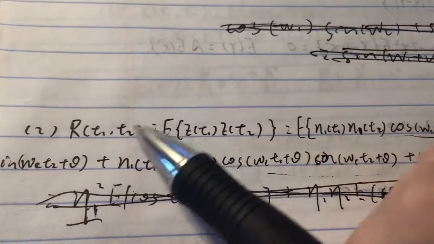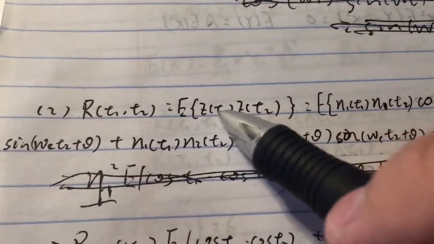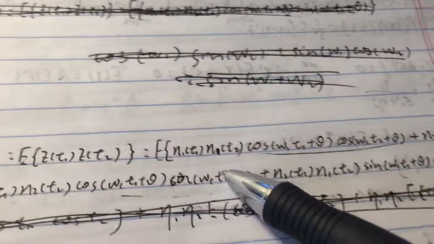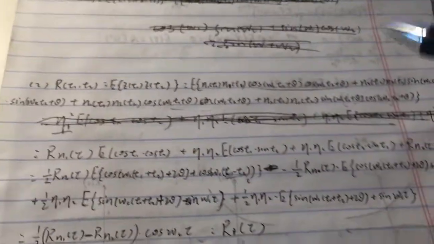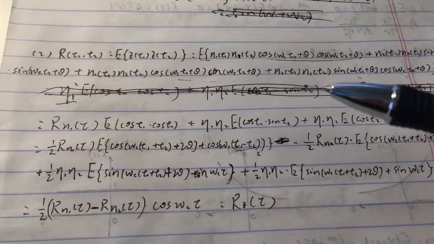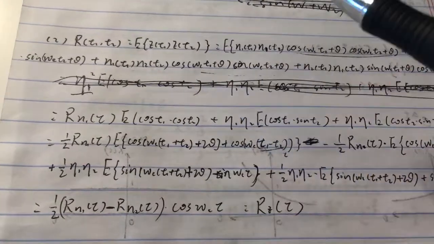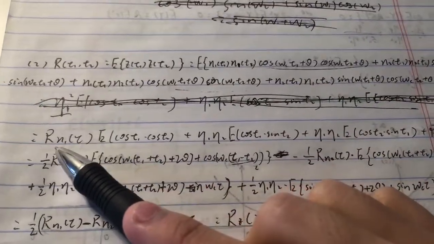We know this equals the expected value of z(t1) multiplied by z(t2), and we put this formula into this, and we got this and this. We just need to do the formula transformation, and we got this.